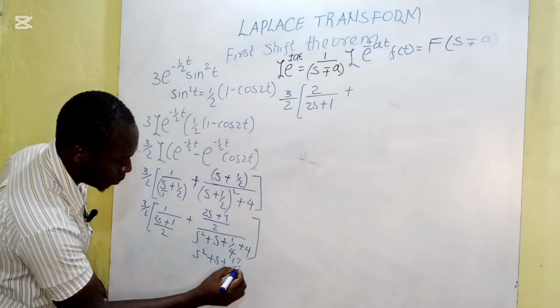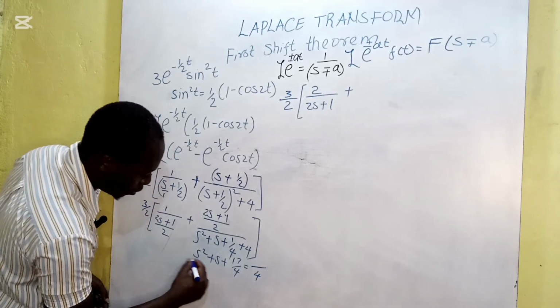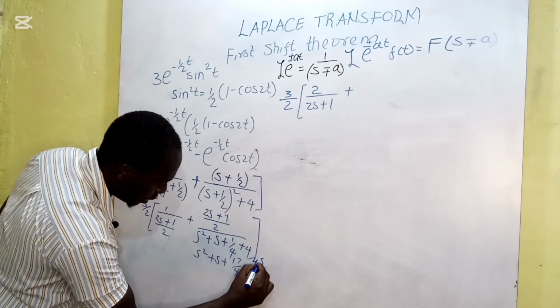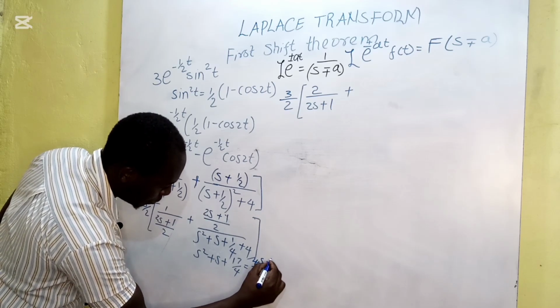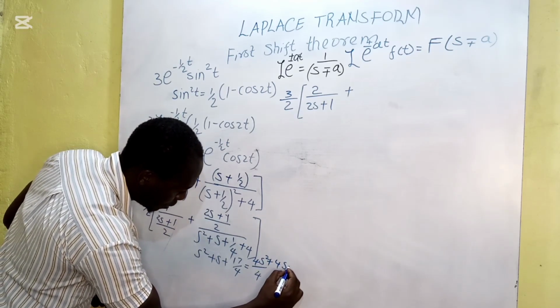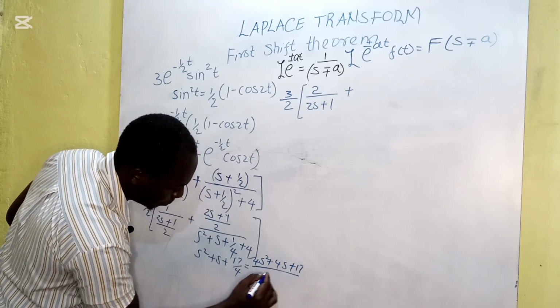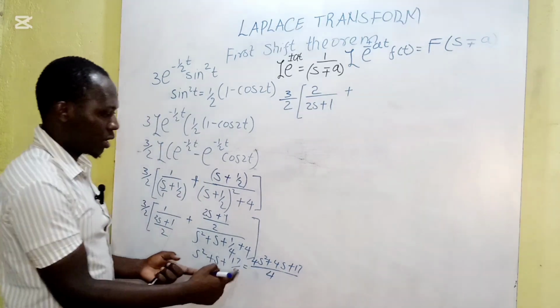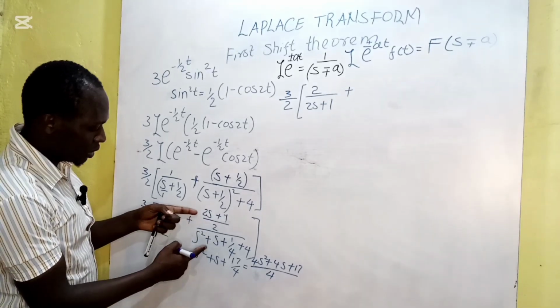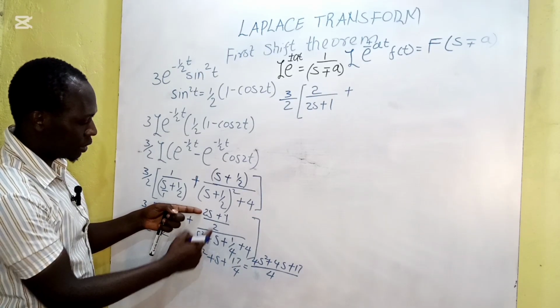When we do away with our denominator here, we are going to have 4 all over 4s, we add s squared, we add to 4s, we add to 17. Everything is all over 4. That is how we can go about this fraction. To mean that now, this is what we are going to have here on our denominator.